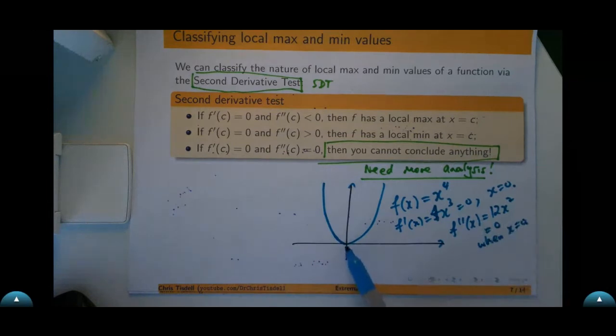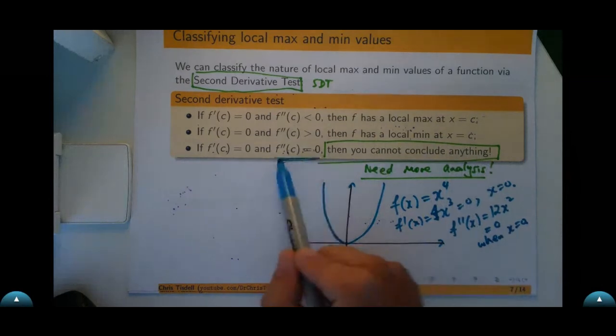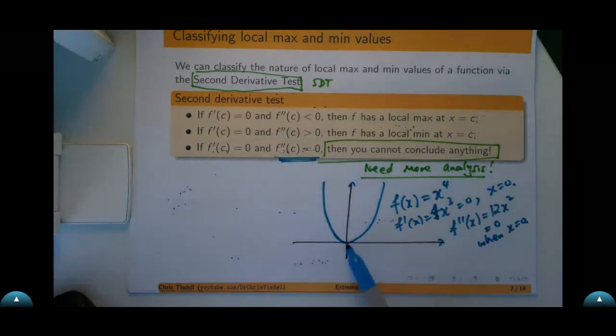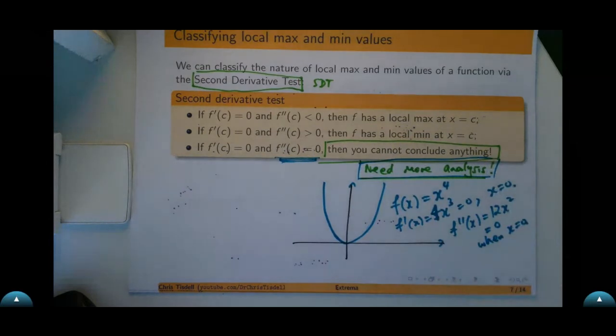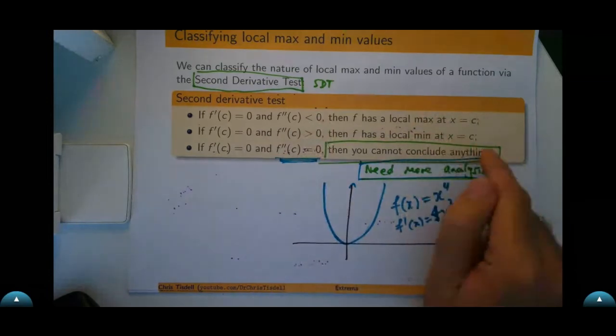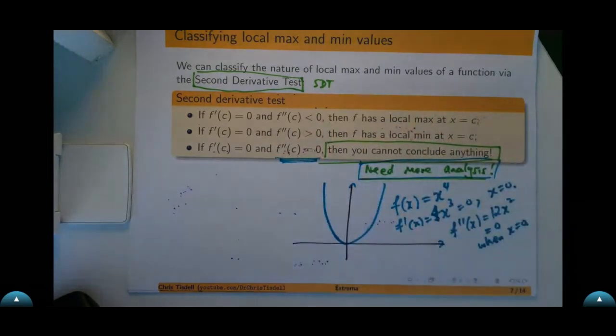But the thing is, that's not a point of inflection. That's obviously a minimum, right? So we ended up with this, and this clearly is not a point of inflection. So when this happens, you need to do more analysis. That's really important. It's easy to fall into the trap when you go, oh yeah, max, min, oh the other thing is an inflection point. No, don't do that.